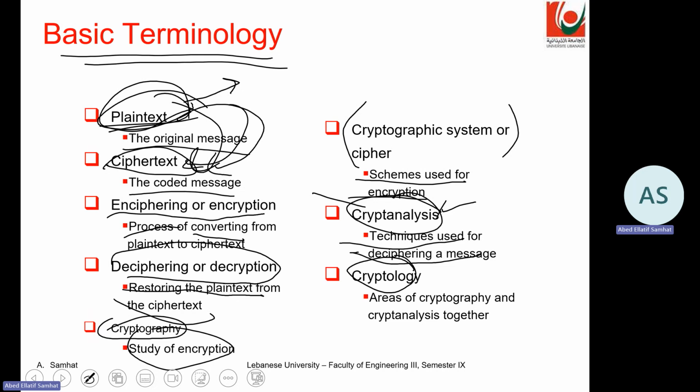Here we can analyze the security of the techniques in order to see if it's possible to decipher them or not. And the cryptology is the area of cryptography and the cryptanalysis together, which include both. Okay, so that's what we call science of cryptology. So those are typically the terms that we deal with within this course, regarding cryptography.